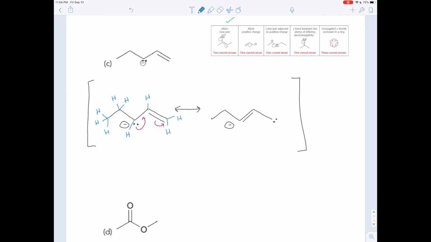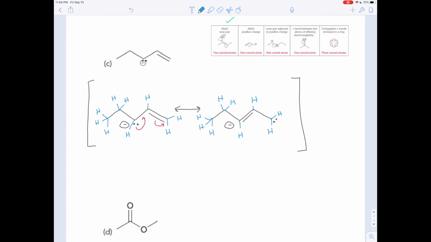So those are your hydrogens, so that means on this new structure we have the same number of hydrogens. So this carbon has 2 hydrogens, this one has just 1, 2, and 3.